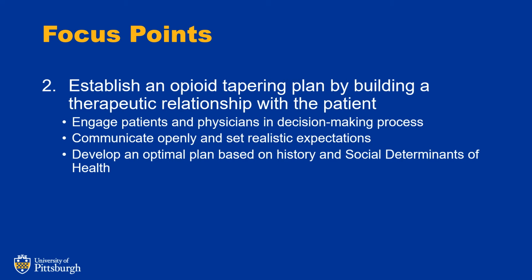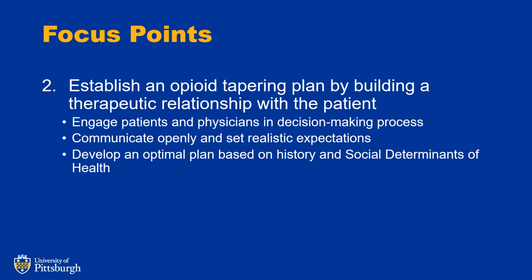It's very important to engage not only the patient, but also their physician when developing an opioid tapering plan. We want to make sure that we are communicating openly and setting clear, attainable goals based on the patient's needs. We also want to make sure that social determinants of health are considered when making this plan.